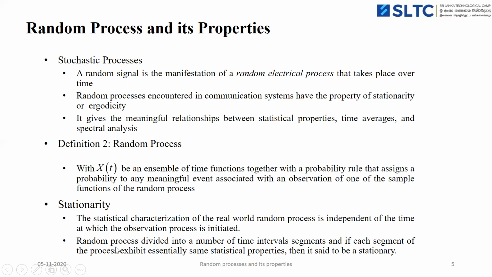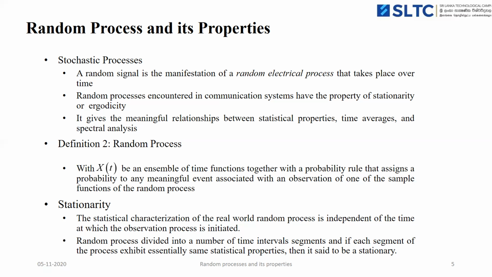Which means that if the observed random process is independent of time, then it is time invariant. If the random process is time invariant, then we can conclude the random process is a stationary random process.